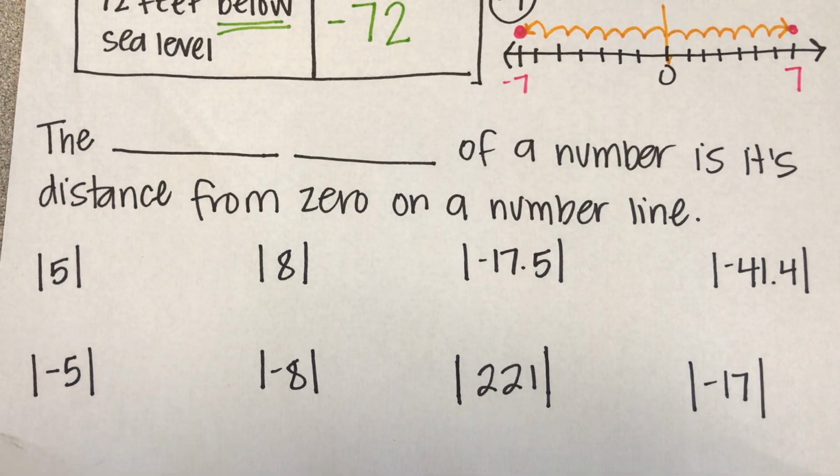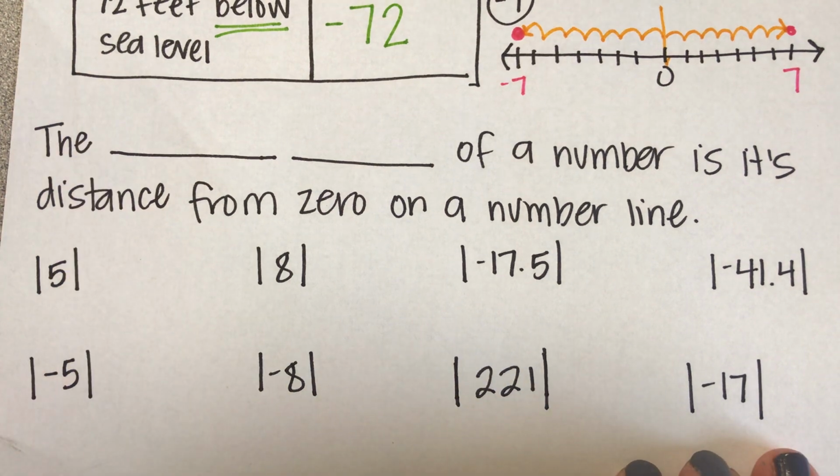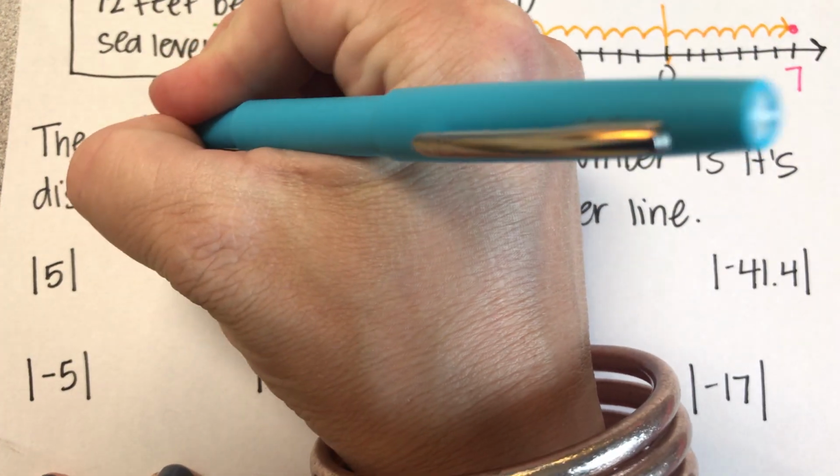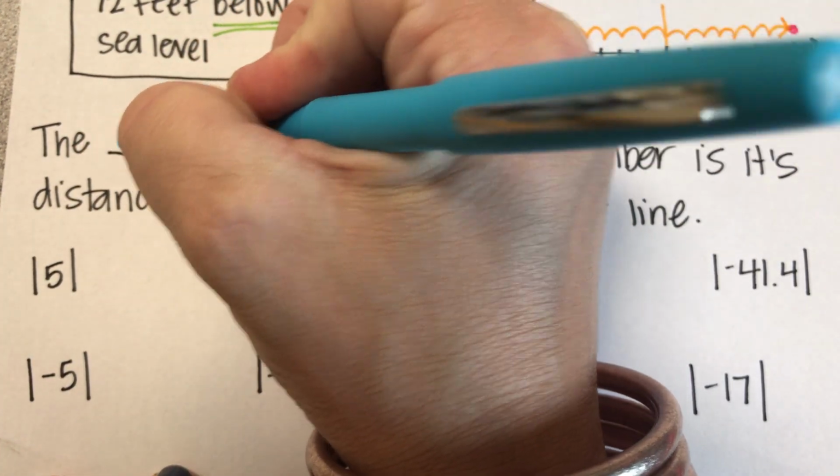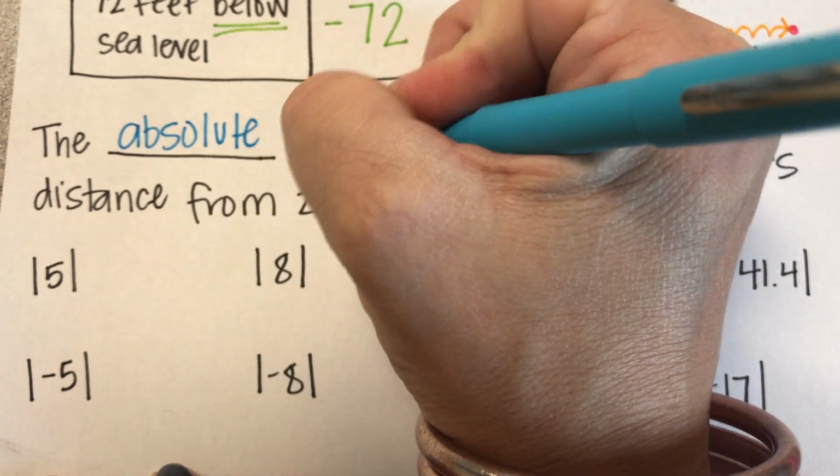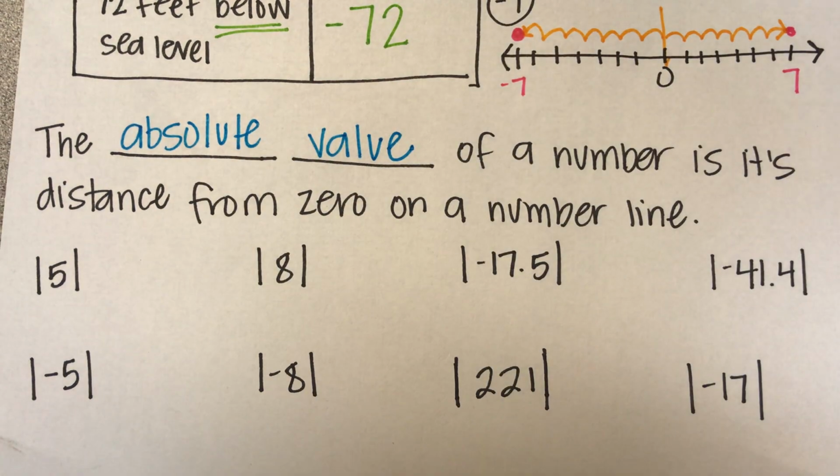Next, we're going to define absolute value. Okay, and the absolute value of a number is its distance from 0 on a number line. Okay, so if I said to stand at my desk and walk 5 paces to the right, you walked 5 steps.